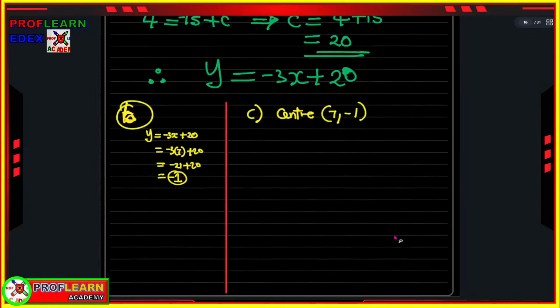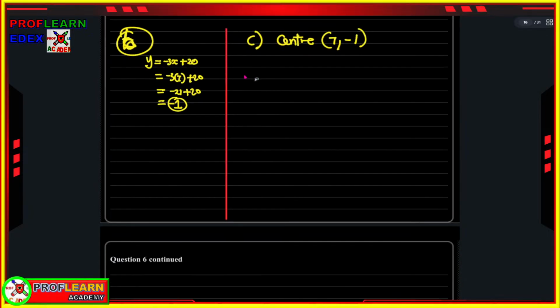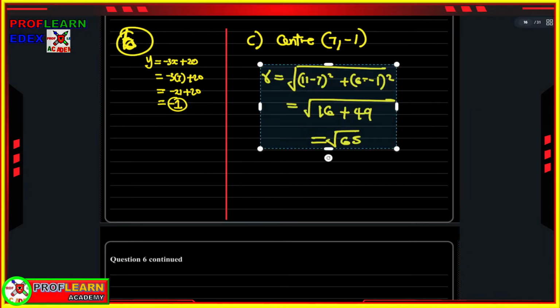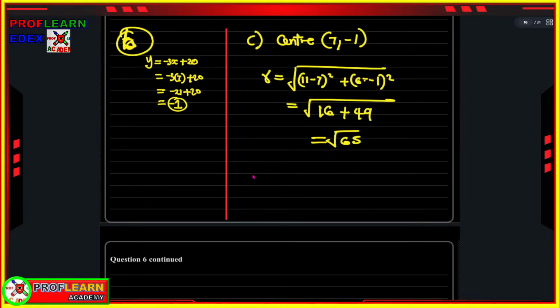So if we transfer it down here so that we can proceed, we shall say the radius is that. Then the equation of the circle is going to be (x minus 7) squared plus (y plus 1) squared is equal to root 65 squared.